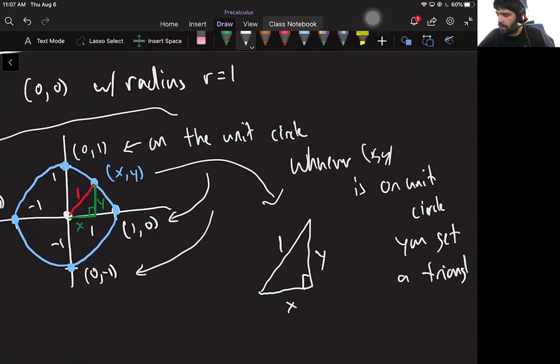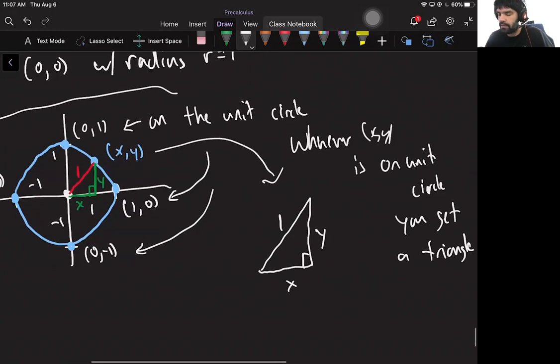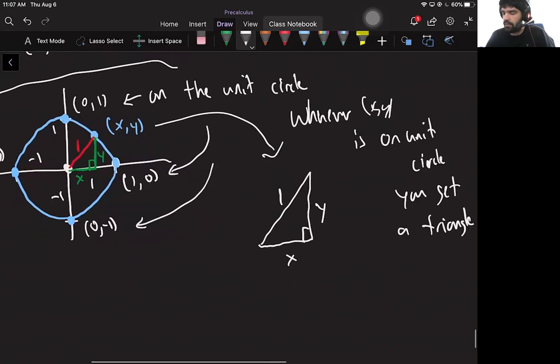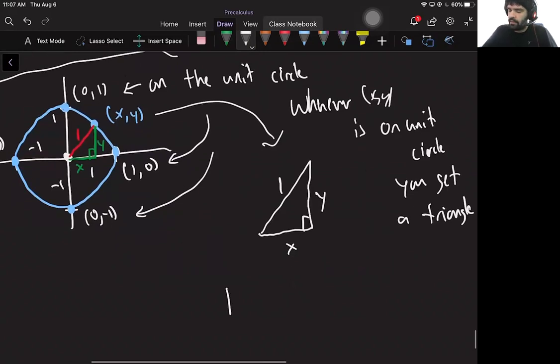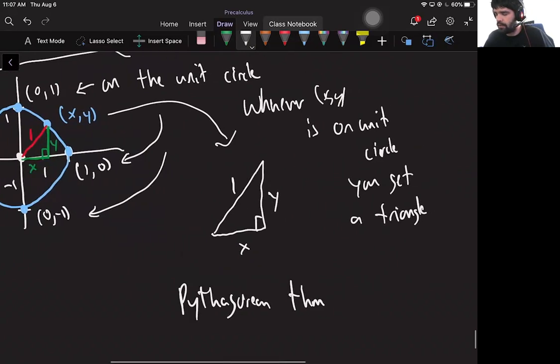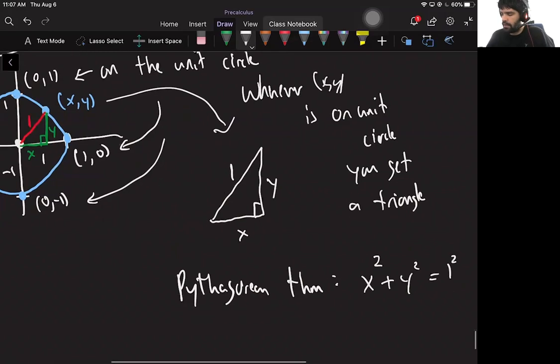Now, how can I relate x and y together? Well, then you have to remember something called the Pythagorean theorem, which tells you what happens when you have a right triangle. It tells you that if you take one side and you square it, and you take another side and you square it, the two shorter sides, that's going to always equal, when you add them up, the hypotenuse squared.